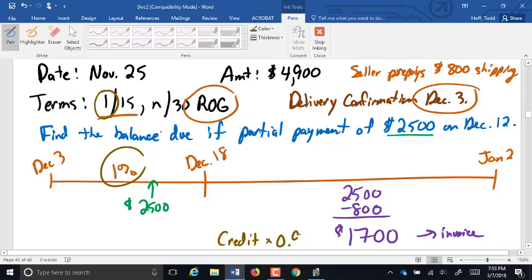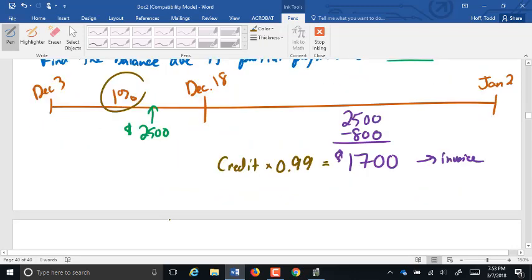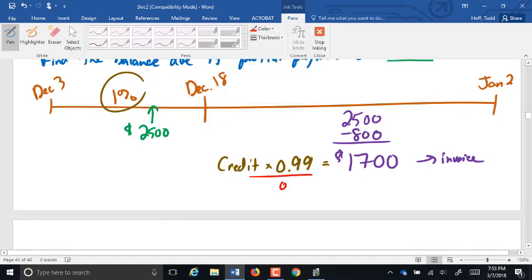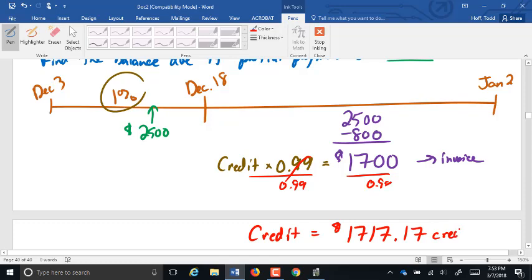So it's the credit amount times 0.99. Very good. Equals that 1,700. And we divide by 0.99. So the credit is equal to $1,717.17. Credit.